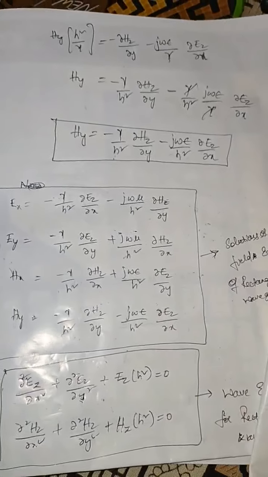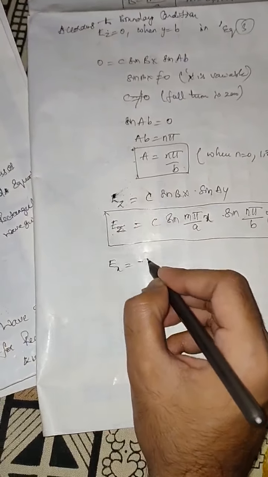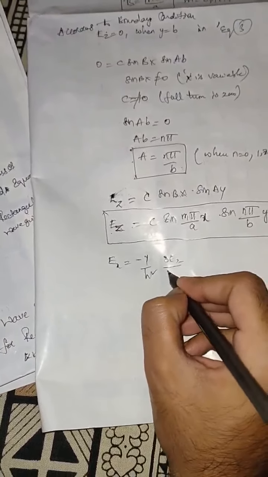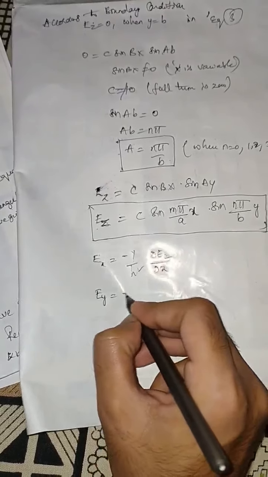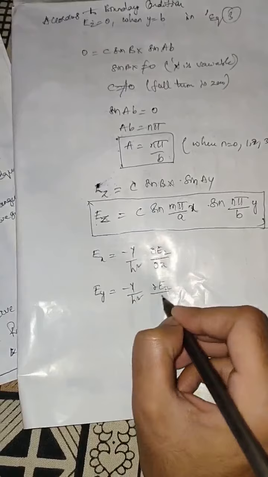So we can write these equations: Ex equals minus gamma by h square dou Ez by dou x. Similarly, Ey equals minus gamma by h square dou Ez by dou y.